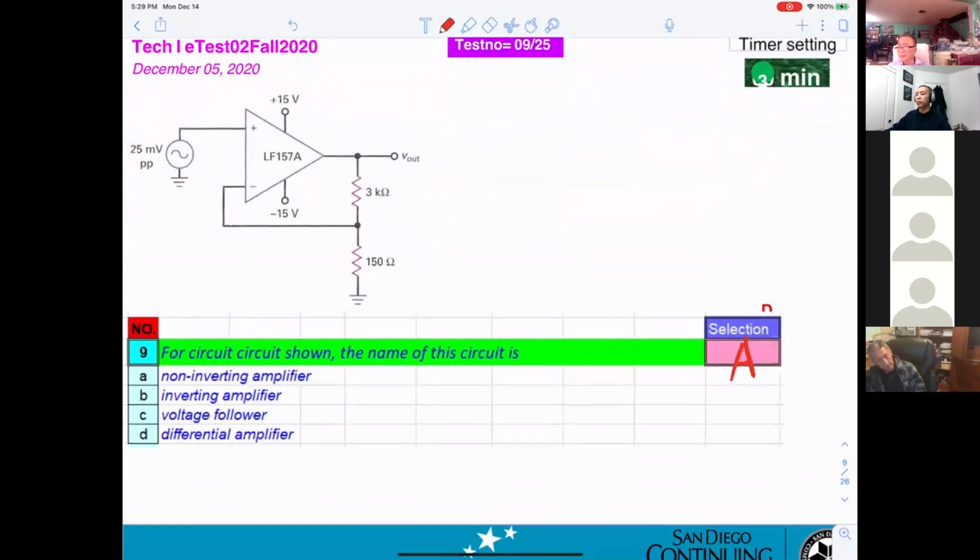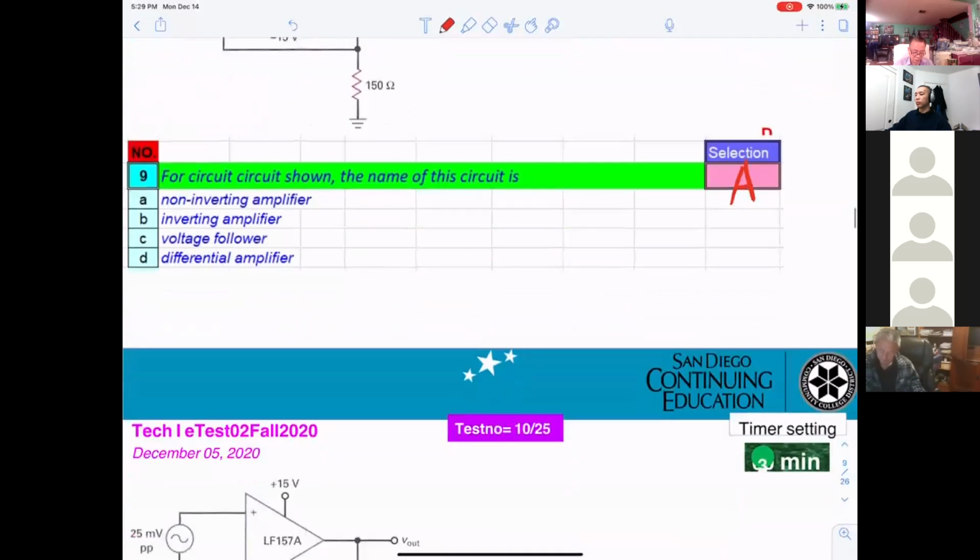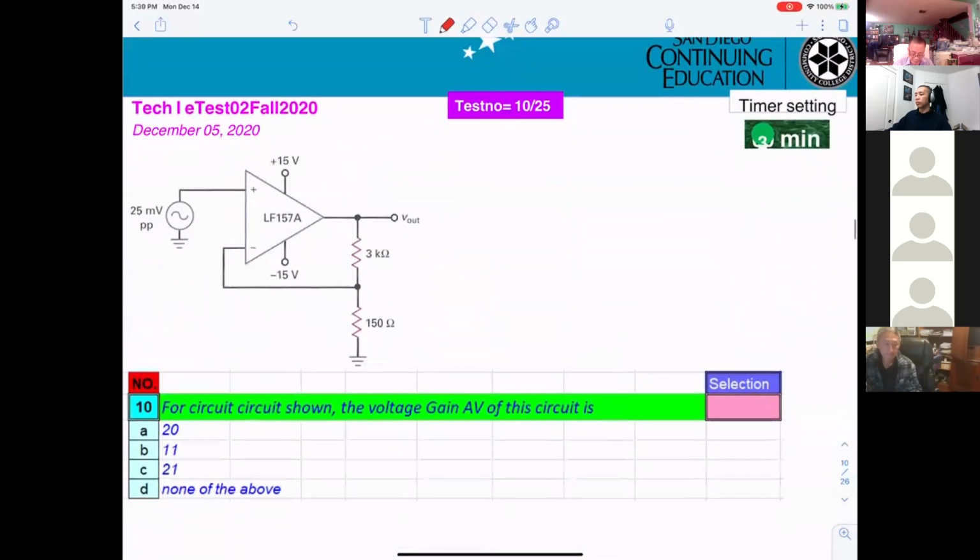I said if you don't quite understand, go ahead and ask, okay? That will be a non-inverting amplifier. And they want to know the gain of this circuitry, number 10.